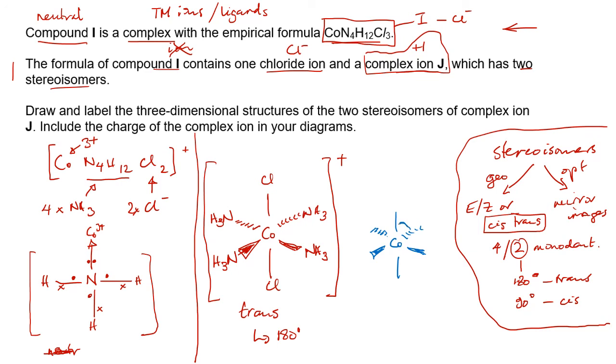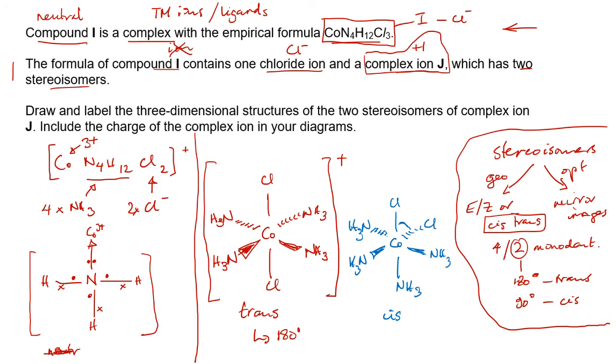These two are at 90 degrees. So we can put a chloride on there and a chloride on there, which means the rest are going to be ammonias, like so. There you have it. Just to be complete, I'll label this as our cis isomer.